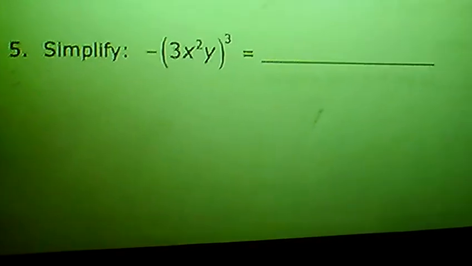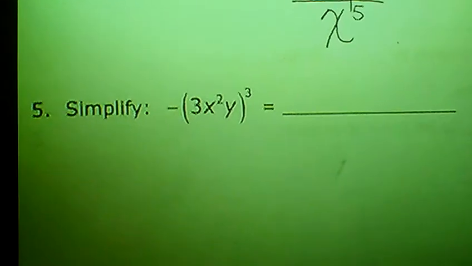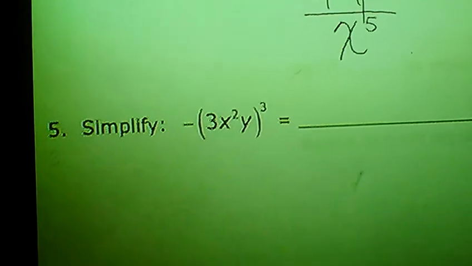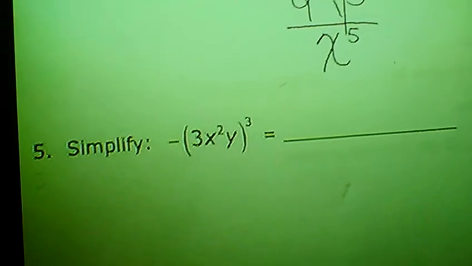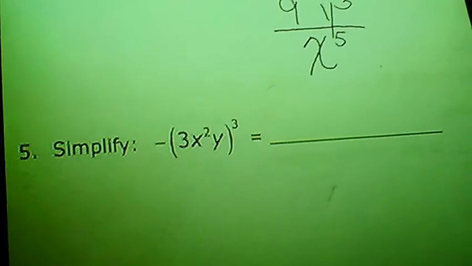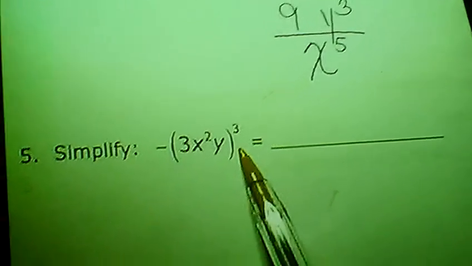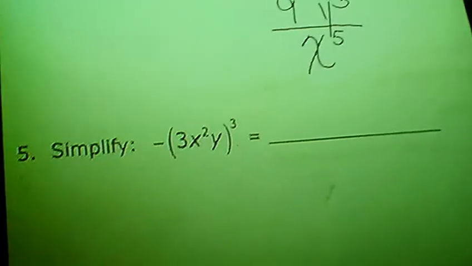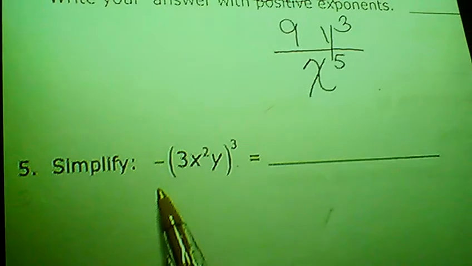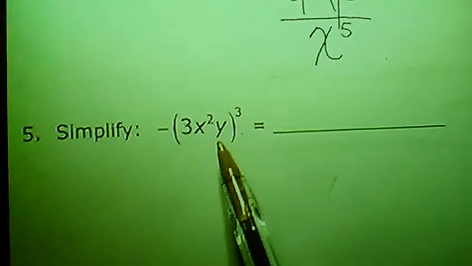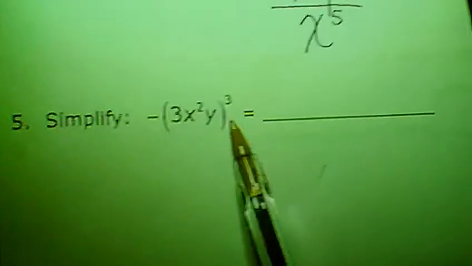Number 5. Simplify negative, open parentheses, 3x squared y, close parentheses, to the cubed root. Well, that's just to the 3rd power. Cube root would be to the 1/3 power. Thank you, ma'am. Notice the negative is not inside the parentheses, so it will not be raised to the 3rd power.